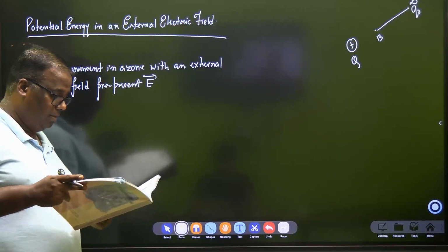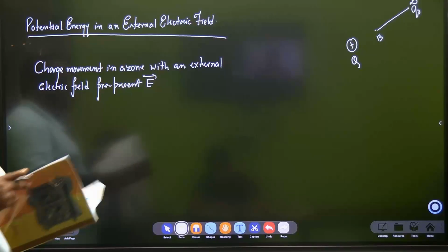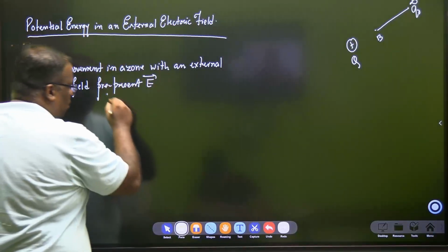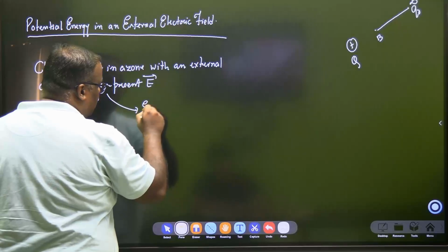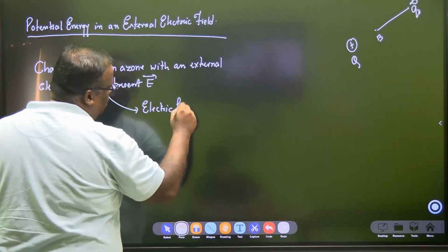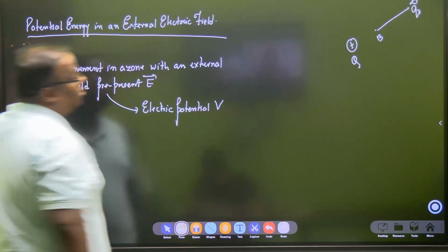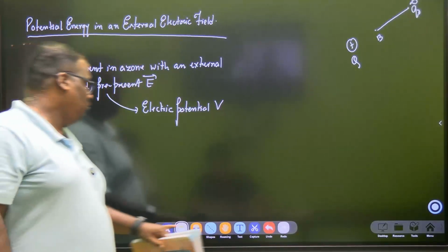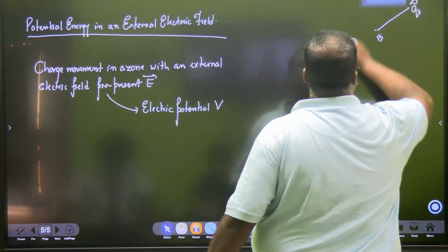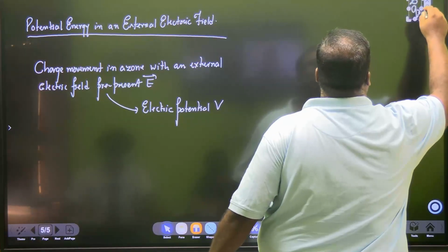And the electrostatic potential V due to the external sources. Now, since this is present, this will also give rise to an electric potential V. Try to understand. We are moving a charge in a zone where there is already an electric field, and we are not bothered about the charges.